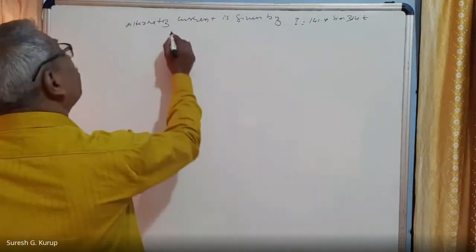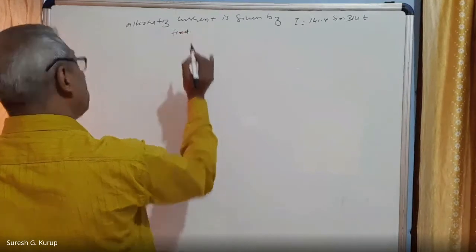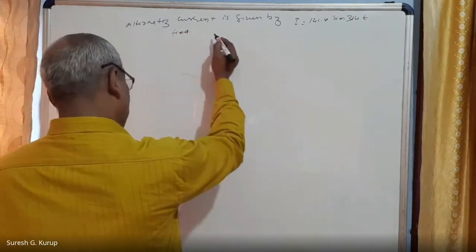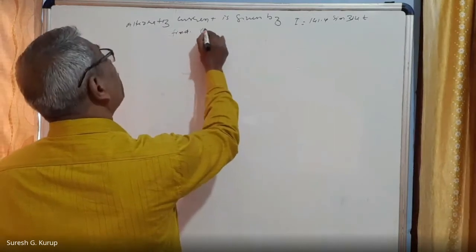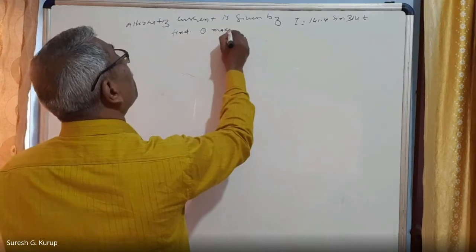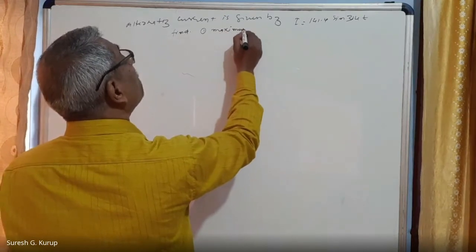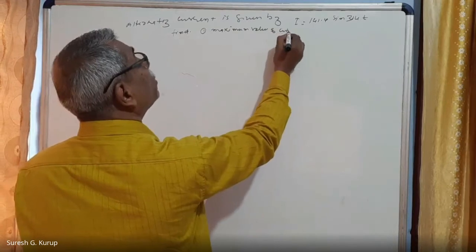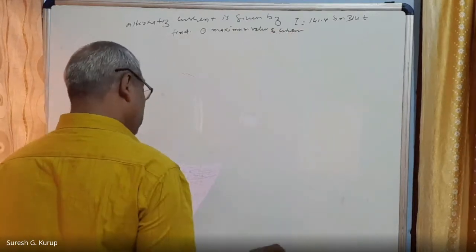Question: find, for beginners this is a very simple question. When you understand it, you will get confidence. Find first, the maximum value of current. What is the maximum value of current?